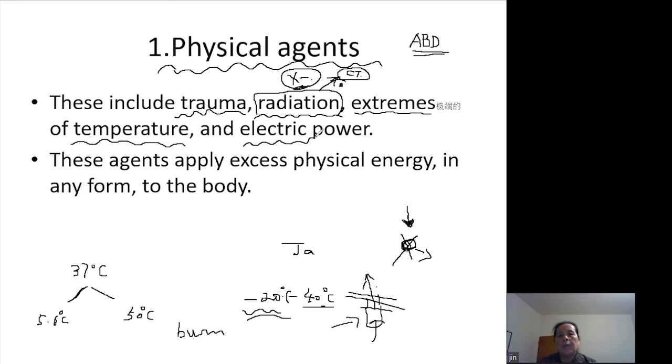We know we can't directly touch electricity with our hands or feet, because the electricity will pass through people's bodies and damage internal tissues. In severe cases, people can die immediately from electricity. So all of these belong to physical reasons.